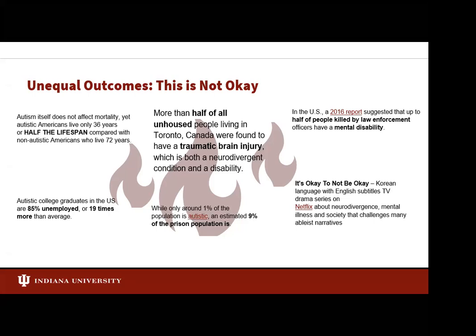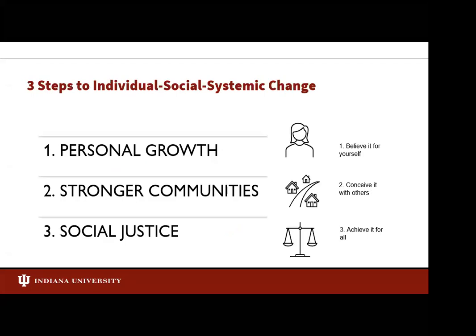Next slide, please. So how to become a neurodiversity justice advocate? There are 3 steps. The reason that there are these 3 steps is because our end goal is social justice for all neurodivergent people, but our locus of control is within ourselves.